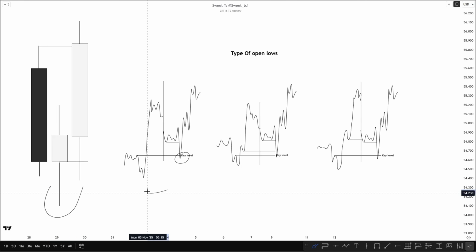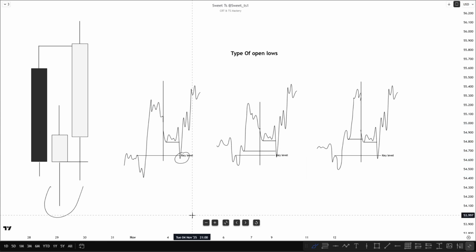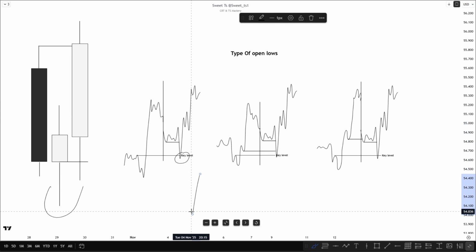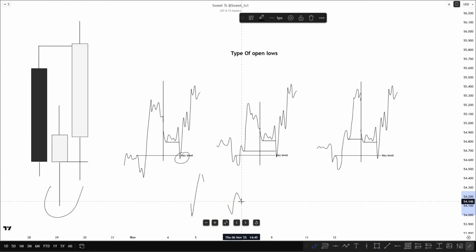So first of all, the first profile, we have an expansion candle without liquidity pools. So before this candle opens, there is an expansion, of course. So this expansion here, low to high, doesn't have any pullback in it.